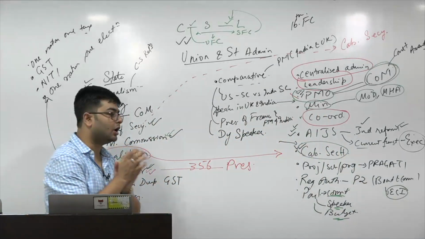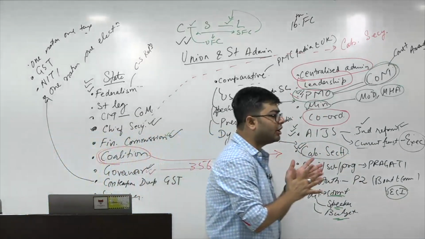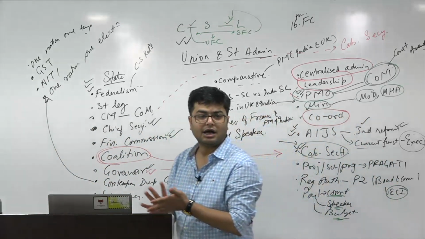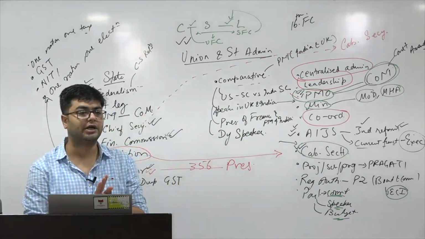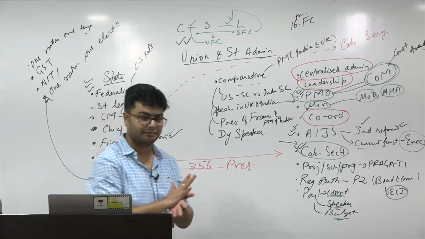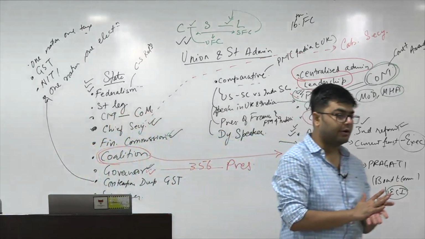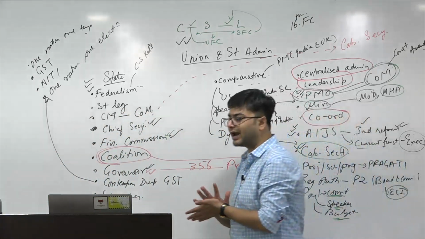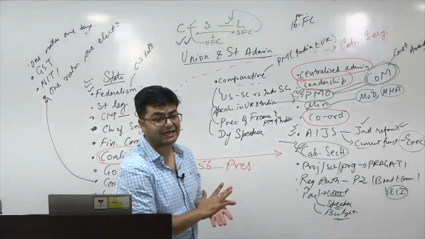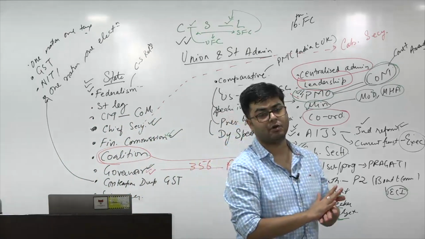I hope you all understand that I will not be telling you the functions of the Chief Secretary. I will not be telling you that, okay, this is Article 356, this is Governor, etc. Right? What we'll be doing is, we'll be going through a protracted process of analysis and detailing out the perspectives that will help you all.